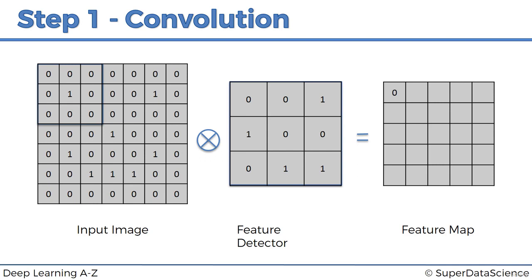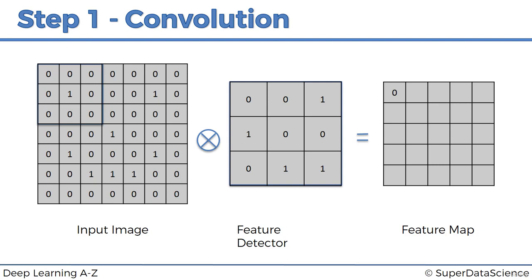So you cover, in this case, the 9 pixels in the top left corner, and you multiply each value by each respective value: the top left value by the top left value, then position 1,1 by position 1,1, or 0,1 by 0,1, 0,2 by 0,2, and so on. So it's element-wise multiplication of these matrices, and then you add up the results.